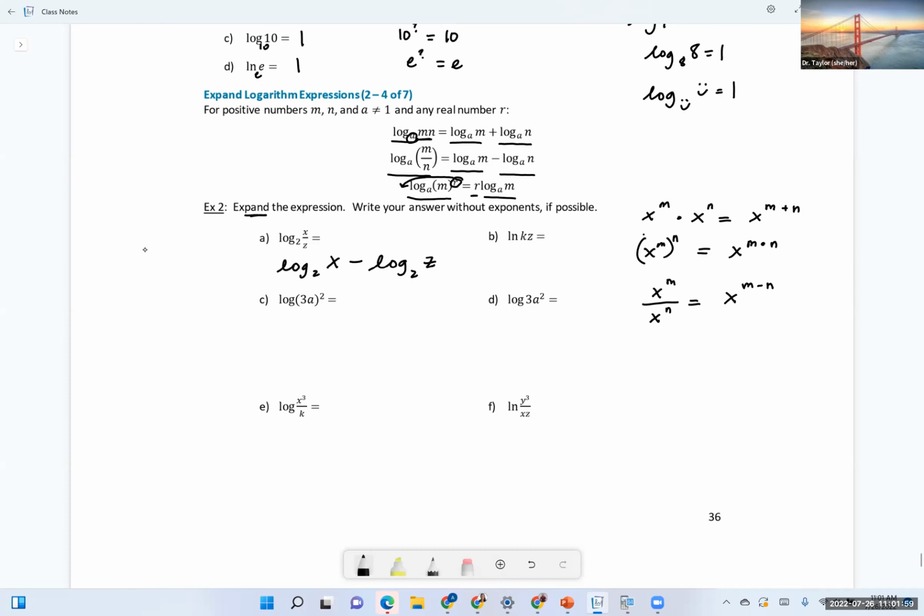This is ln, so it's log base e. So ln of k plus ln of z, because the k and the z are multiplied, so when we expand it out, we're just adding.